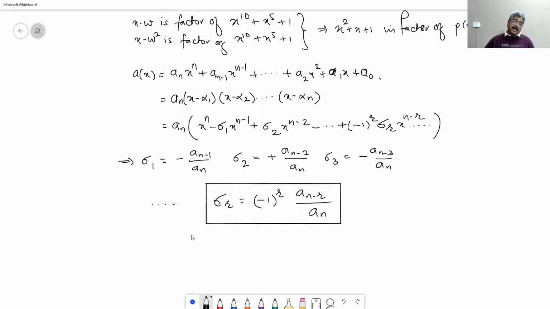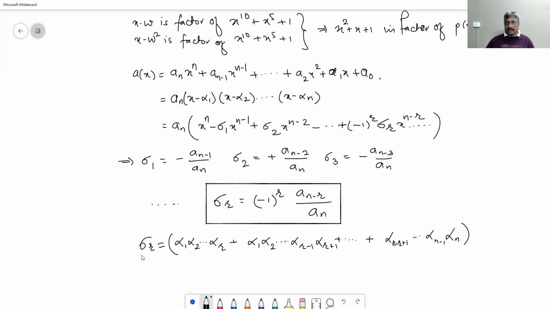But by sigma r, take r alphas at a time and add them. So sigma r basically equals alpha 1, alpha 2, dot dot dot, alpha r plus alpha 1, alpha 2, dot dot dot, alpha r minus 1, alpha r plus 1, plus dot dot dot, plus the last term will be alpha n minus r plus 1 dot dot dot alpha n.